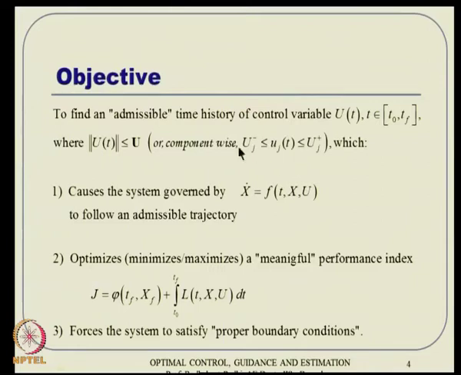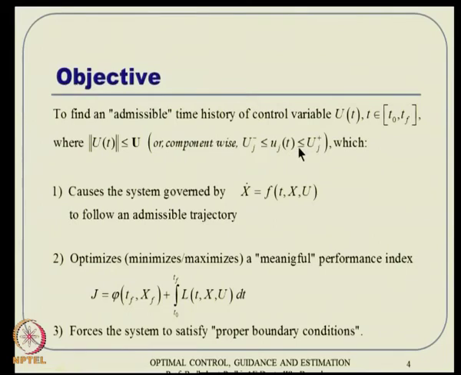So it is constrained between the two allowable limits. All other things are as before: the control history, subject to this control bound, should cause the system governed by this nonlinear dynamics to follow an admissible trajectory, optimize a meaningful performance index, and force the system to satisfy appropriate boundary conditions. Everything is there, but the control is now constrained.